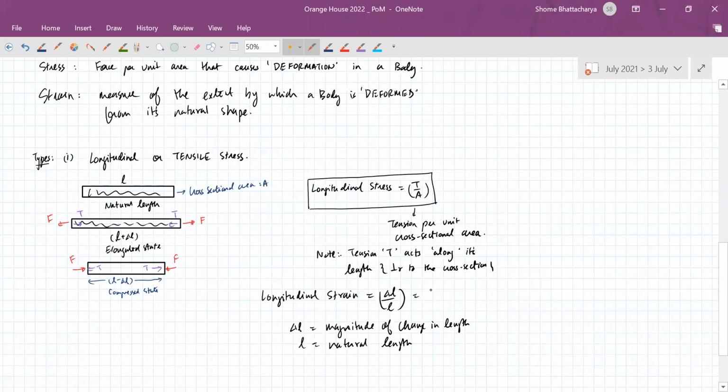So it is the fractional change in length.